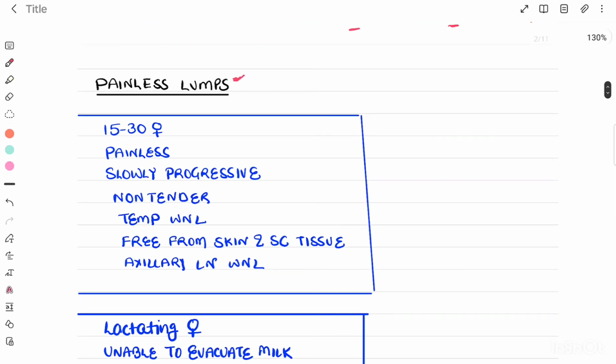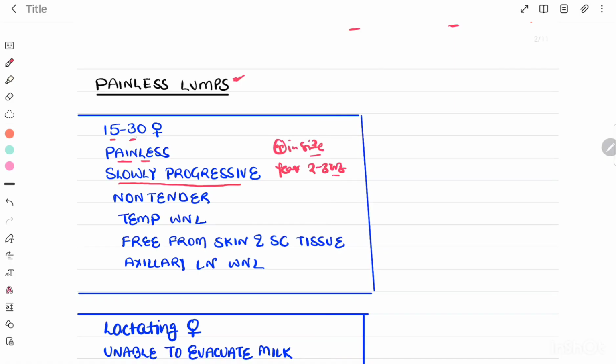First of all, if a patient of age group 15 to 30 years, a female, presents with a painless breast lump which is slowly progressive, meaning there can be a history of years, like 2 to 3 years, and the swelling is slowly increasing in size.